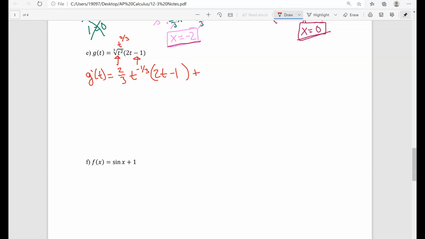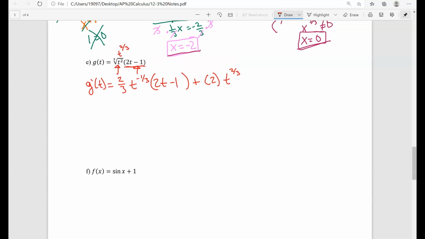Plus, now I'm going to take the derivative of the second one, which is going to be 2, and I'm going to leave the first one by itself, t to the 2/3. Okay. So now what I have is just 2/3 t to the -1/3 times (2t minus 1), plus 2 t to the 2/3. And I'm going to set this guy equal to 0.